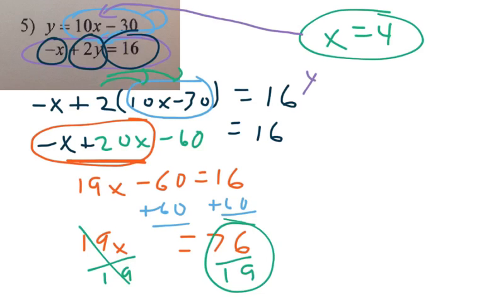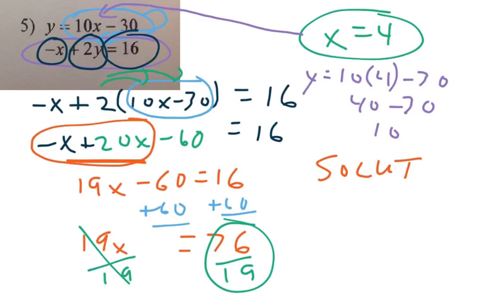So we now know that y equals 10 times x, which we now know is 4, minus 30. And that's 40 minus 30, which so happens to be 10. So our solution this time is going to be x 4 and y 10, correct? And I'm just going to hope and pray I have the right graph pictured in the next screen. But the solution is (4, 10), ladies and gentlemen.